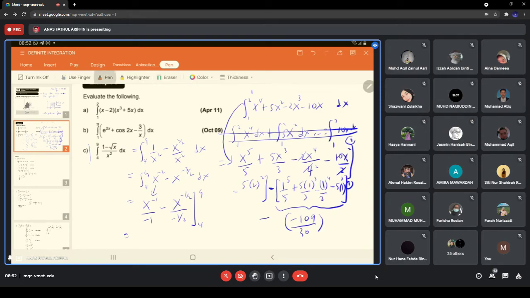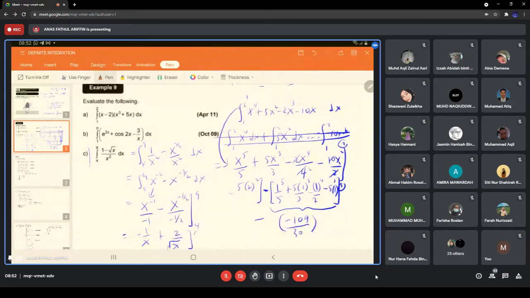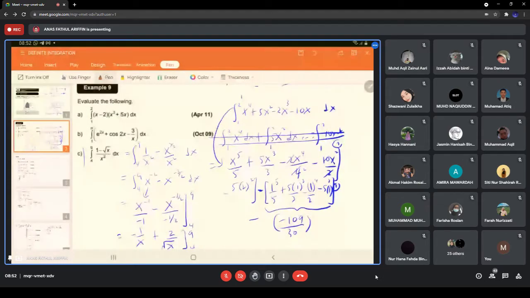Modify dia akan jadi negative 1 over x plus 2 over square root of x, and then we have this limit, 9, 4.